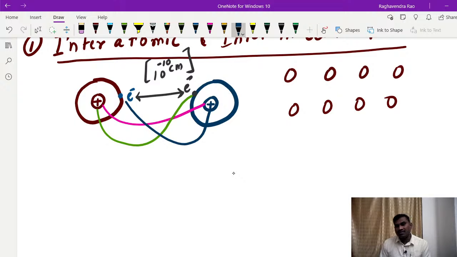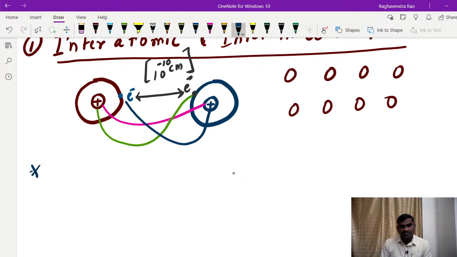What type of forces are they? They are electrostatic forces between electron and electron, nucleus and nucleus, or the electron of one atom and the positive nucleus of the other. These are all the forces we call interatomic forces. What are these interatomic forces? They are electric forces.